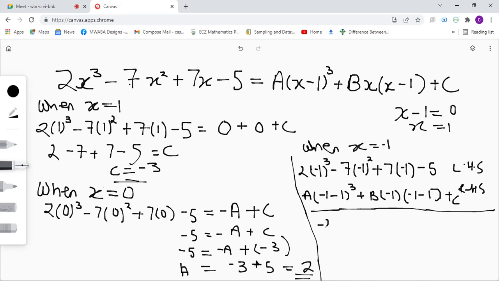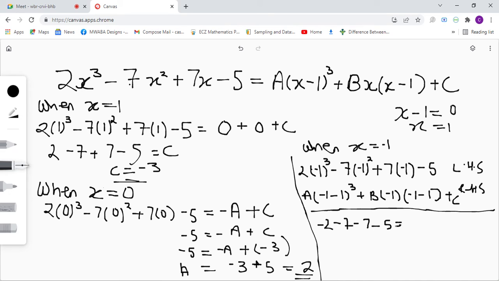Right? So on our left hand side, we're going to have negative 2 minus 7, right? 7 times negative 1 is negative 7. So minus 7, right? Minus 5. This is going to be on our left hand side.